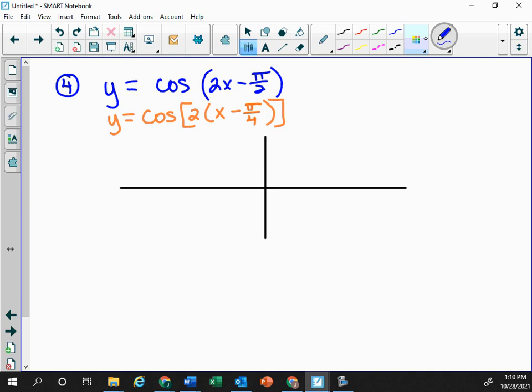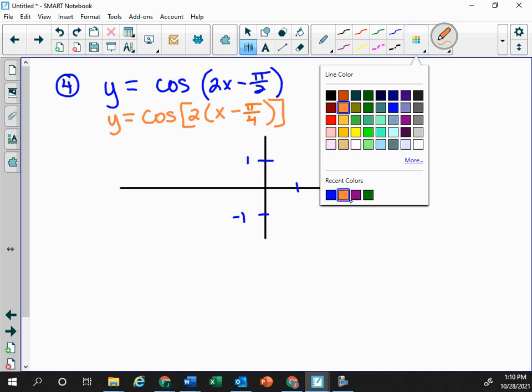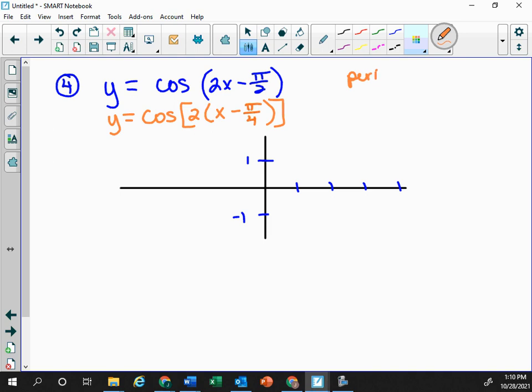All right, so let's think about our labels. Y-axis, I'm just doing 1 and -1. So guys, what's the period of this graph? Just pi. Remember, it's 2 pi over b.